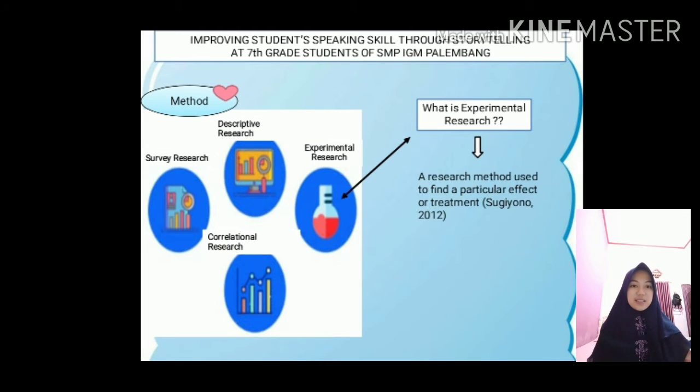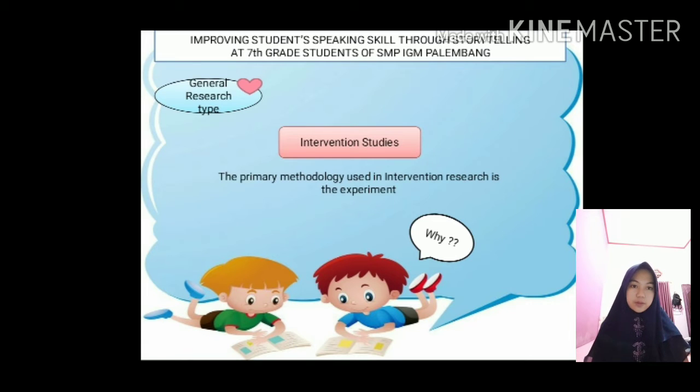And then I'm going to tell about general research type. So this research is intervention studies. Why this research is intervention studies? This is because the primary methodology used in intervention research is the experiment, so it is in accordance with the method that I explained to you just now.